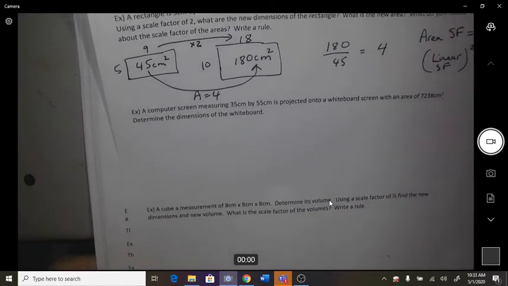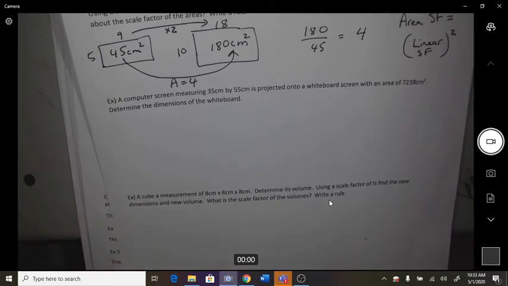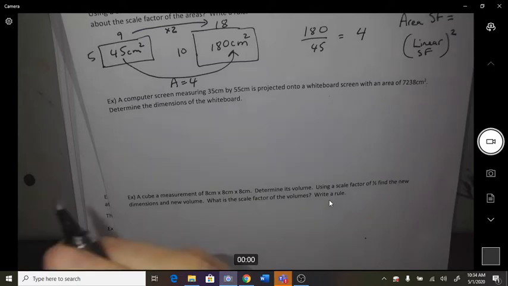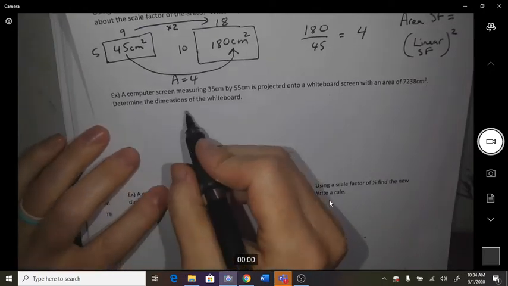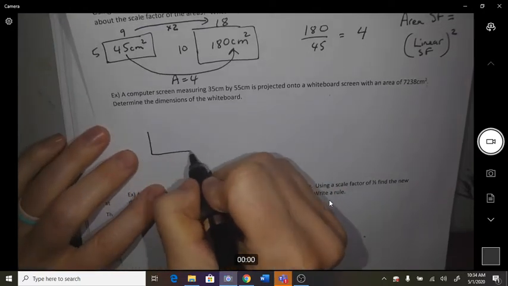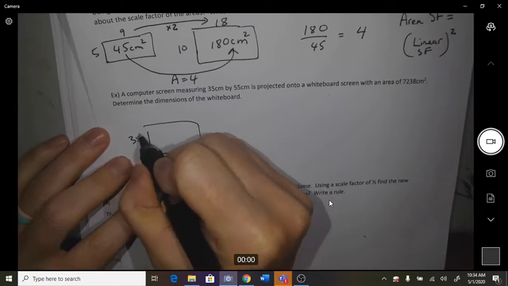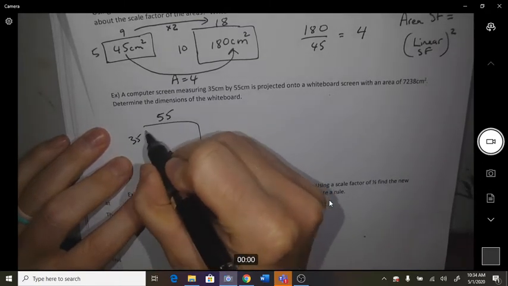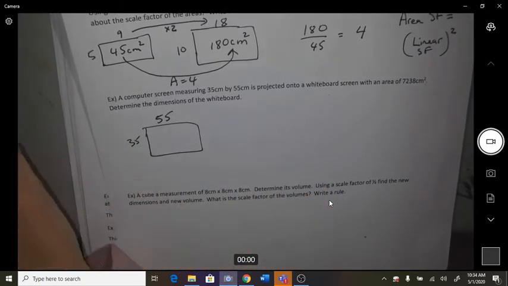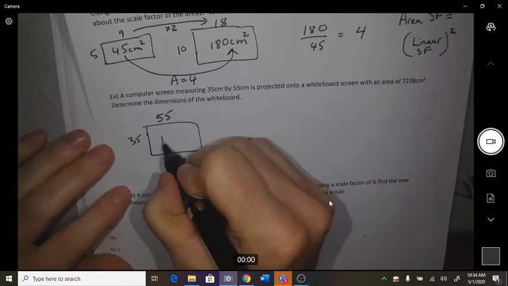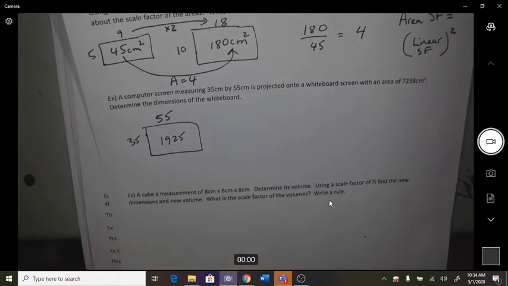Okay, a computer screen measures 35 by 55. It's projected onto the whiteboard with a screen with an area of 1738. Determine the dimensions of the whiteboard. Okay, so let's get this area, 35 times 55, 1925.